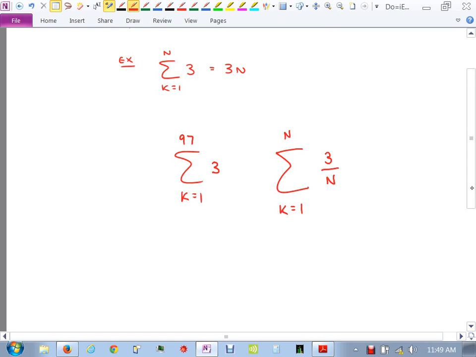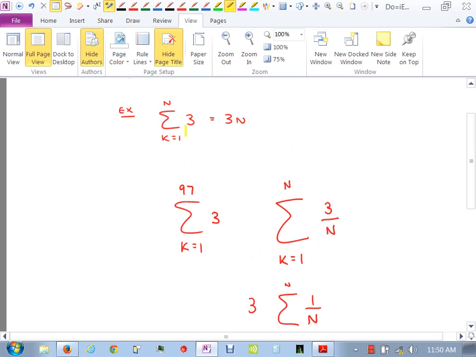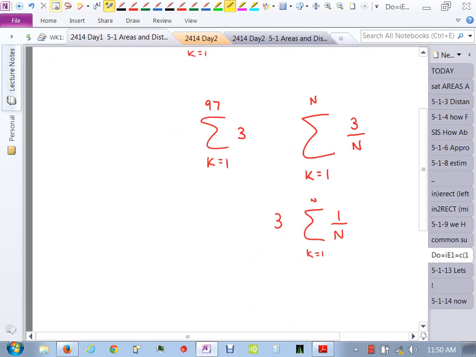So you can pull a 3 out, and that's 1 over n. And then n over n is 1. Isn't n a constant? I mean, n is a number, isn't it? Like in this problem I just did with the 97, that 3 right there, I could have said 97, couldn't I?